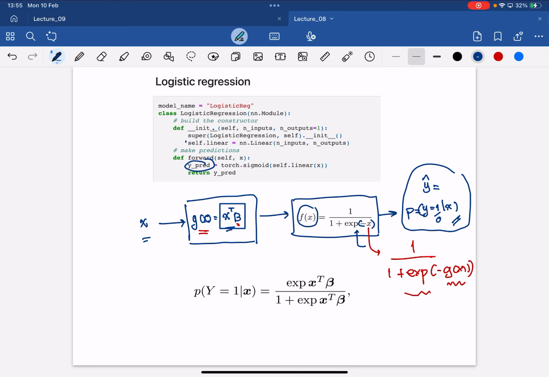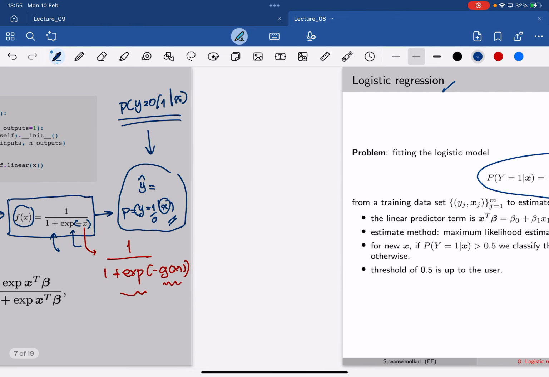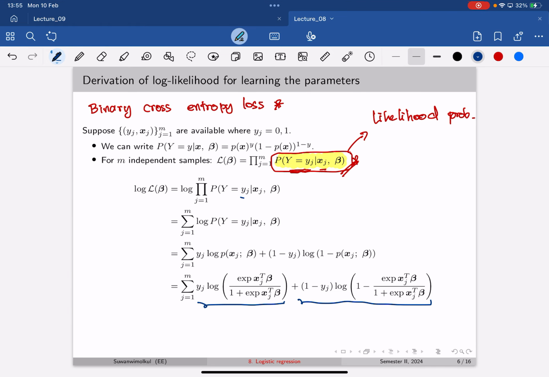If we use the sigmoid function here, we convert the linear mapping into a score of a class, and this score is actually like the probability of y being 0 or being 1. But of course, that is also conditioned on our input x that is given in the first place. So this is a probability. And if we look at the likelihood probability, that is this one, you can see there's some similarity there.